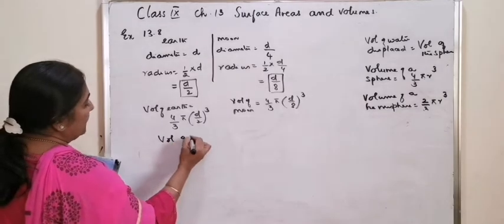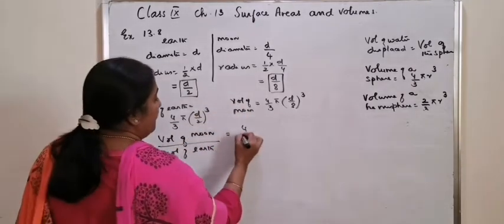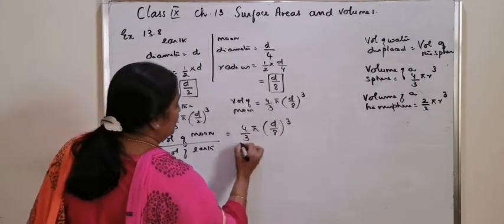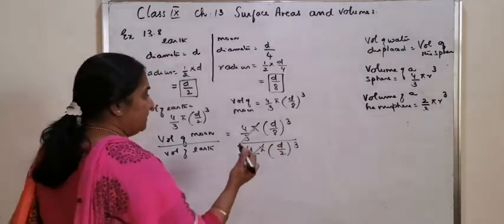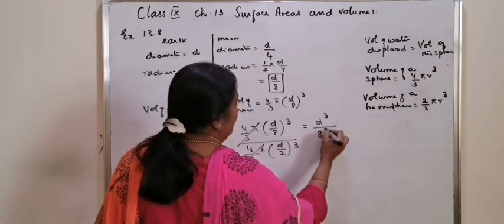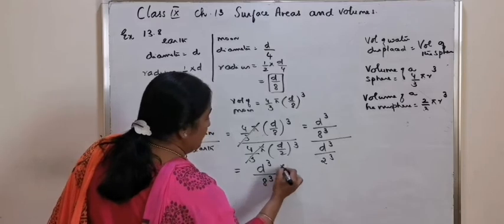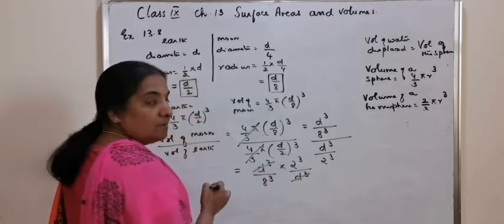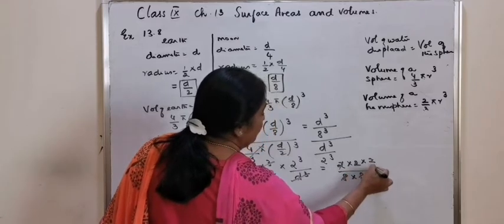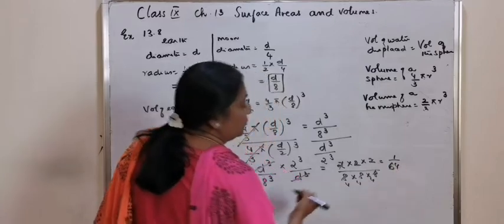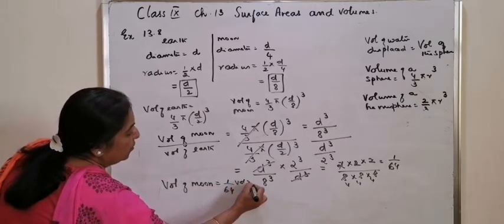That is the ratio of volume of moon by volume of earth is equal to 4 by 3 pi d by 8 the whole cubed divided by 4 by 3 pi d by 2 the whole cube. 4 by 3 pi is getting cancelled, or this is the same as d cubed by 8 cubed divided by d cubed by 2 cubed, which can be simplified as d cubed by 8 cubed into 2 cubed by d cubed, or need not multiply, 2 into 2 into 2 by 8 into 8 into 8, which is the same as 1 by 64.